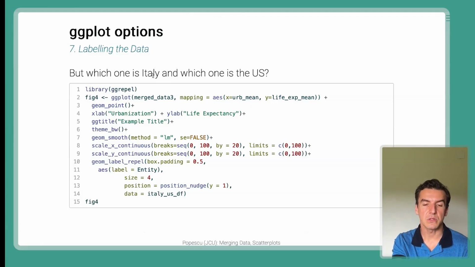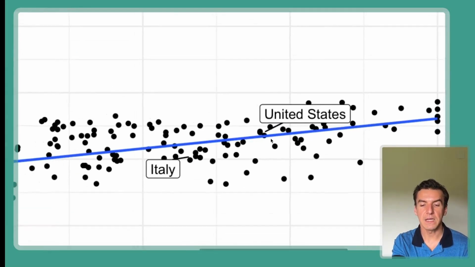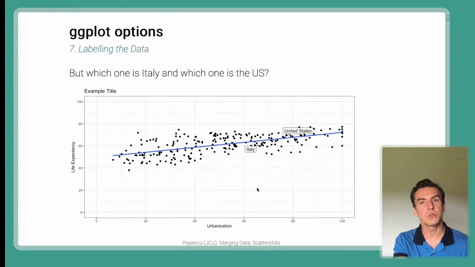As the name suggests, this is going to allow us to trace where these labels come from. So it's going to tell us specifically that the US is this dot here and Italy is this dot here. So this is much more precise, and it prevents us from engaging in a guessing game. So this tells us much more quickly which point is what country.